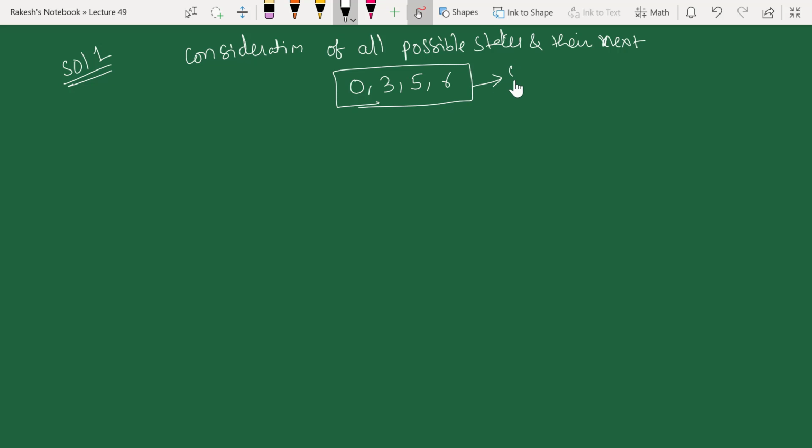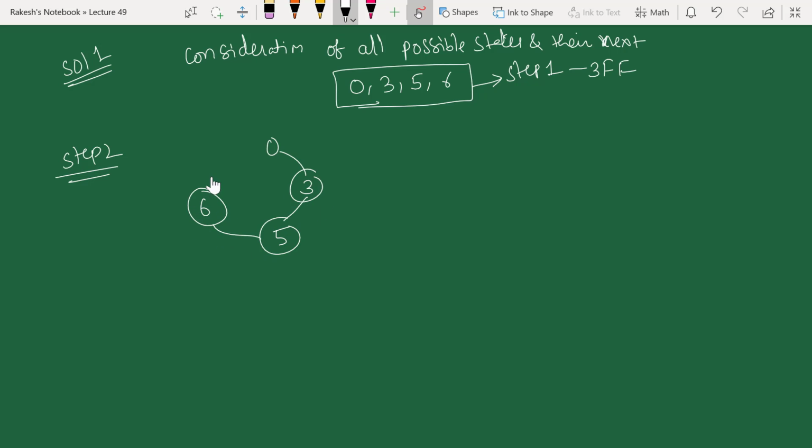As usual, your step number 1 requires 3 flip-flops. Your step number 2, state diagram. Now I'm supposed to consider 0 to 3 and 3 to 5 and 5 to 6 and 6 to 0. Now I'm going to consider, if it is 1, it's supposed to go to 0 0 0.